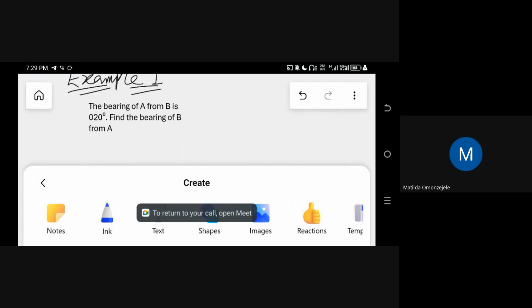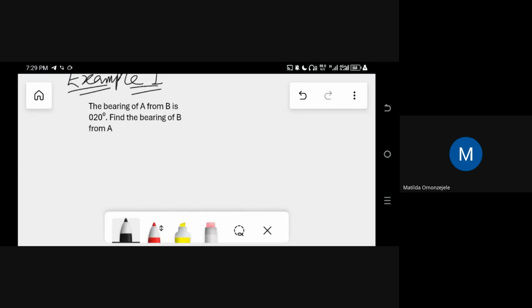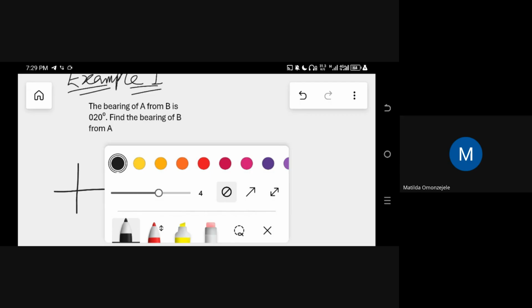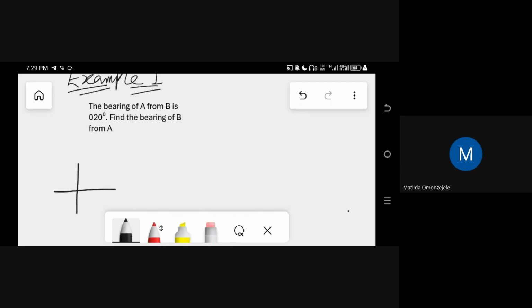Okay, so we have that coming from the first quadrant. So if it comes from the first quadrant, we'll have a line here, and you see it goes coming from the first quadrant. So this is the 20 degrees there, because 20 degrees is from 0 to 90. That is the first quadrant.